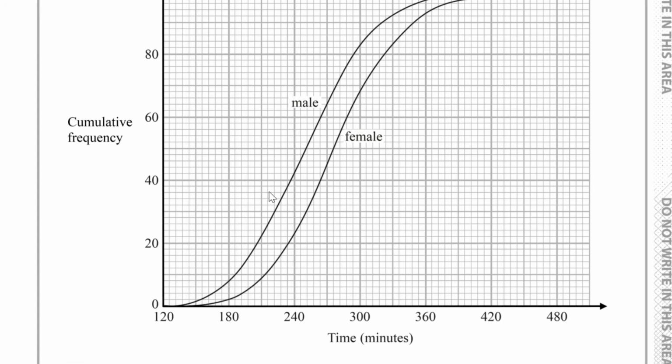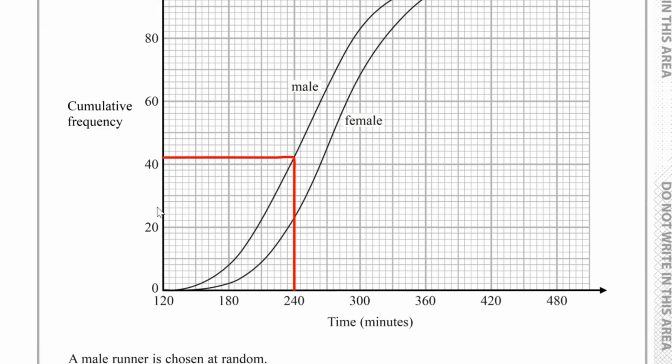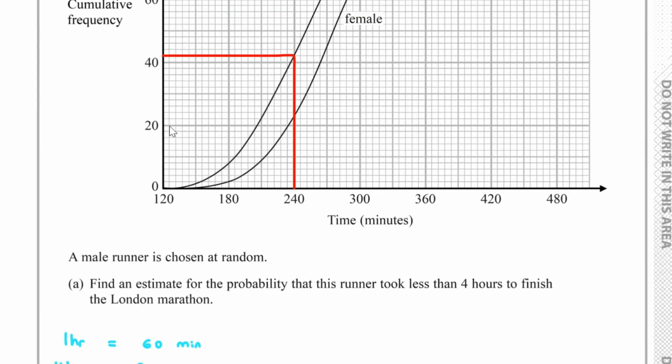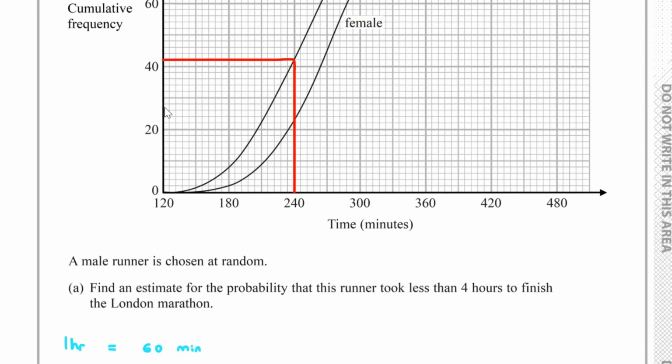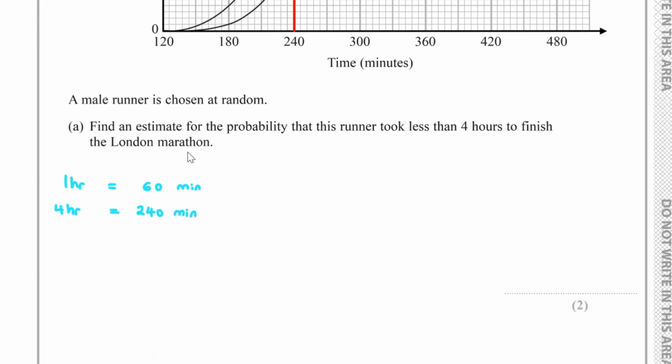So if we draw a vertical line up from 240, as we see here, and then draw a horizontal line across, you can see we have 42 who took less than 4 hours.